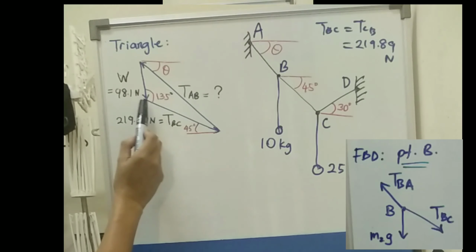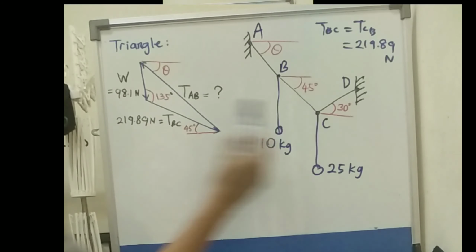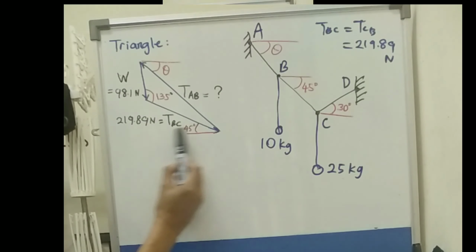Since we have this vector force TBC given 45 degrees, so if you have your zigzag, it is 45.